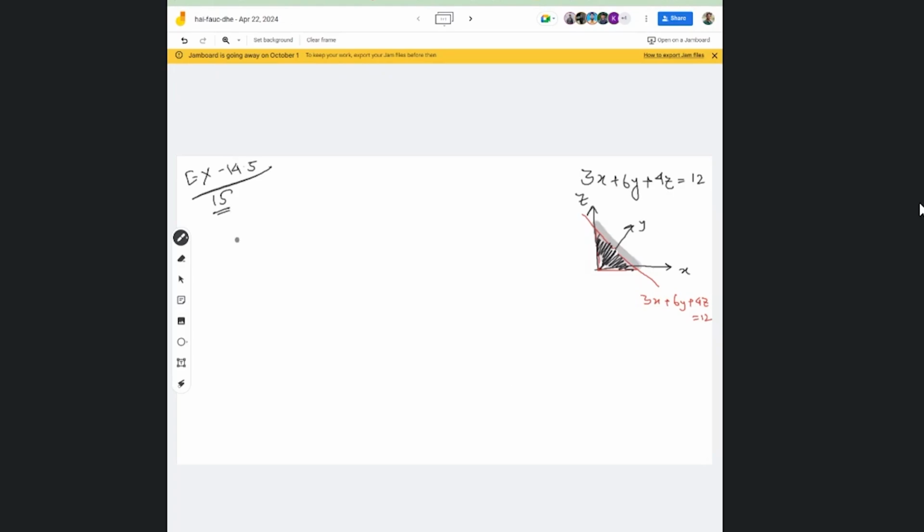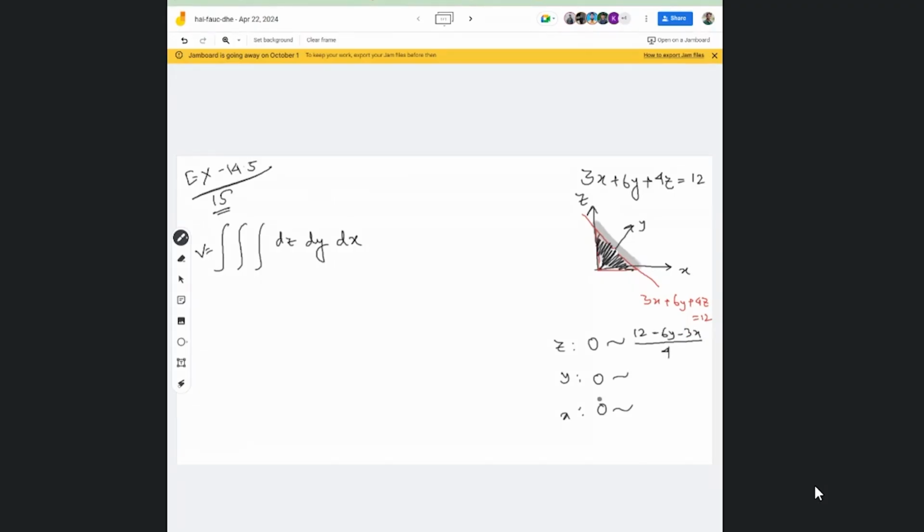Now, in order to find the volume V, you need to evaluate a triple integral of dz dy dx. Since the first octant is specified, z, y and x should all start from 0. Z should go from 0 up to 12 minus 6y minus 3x over 4.